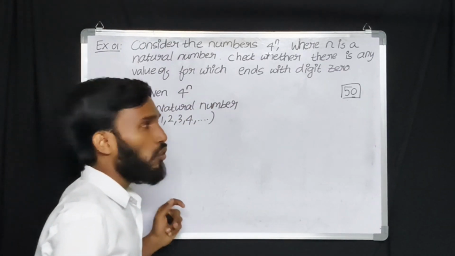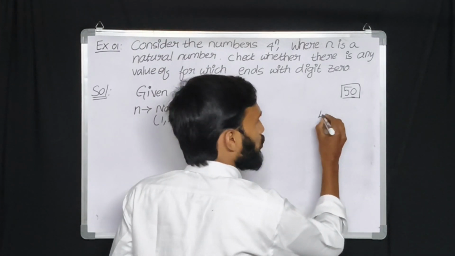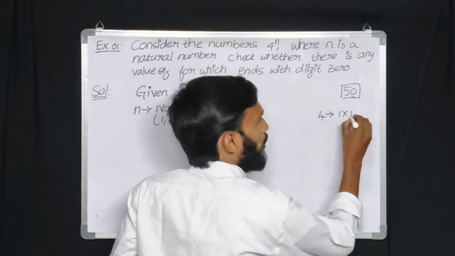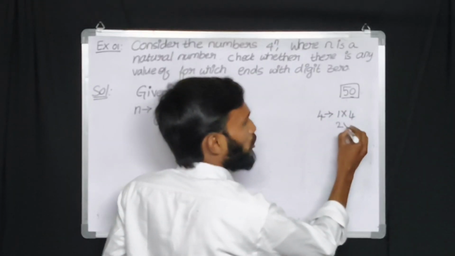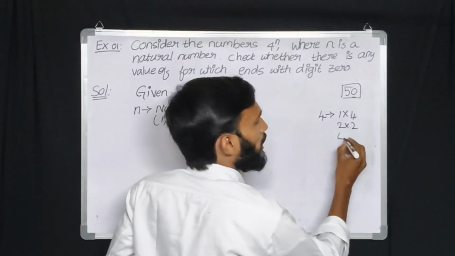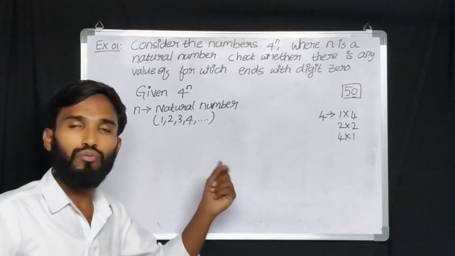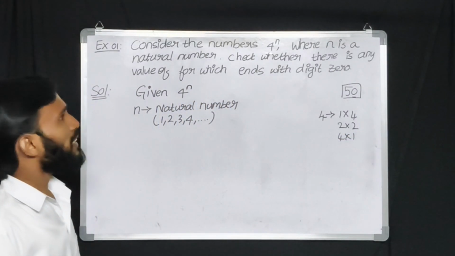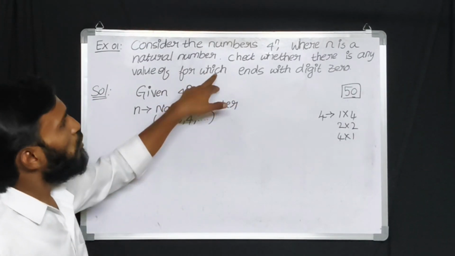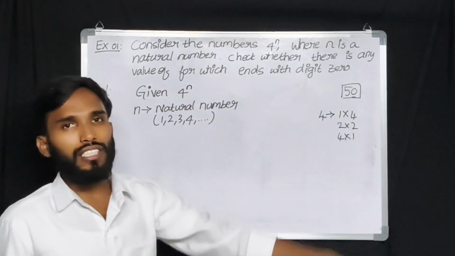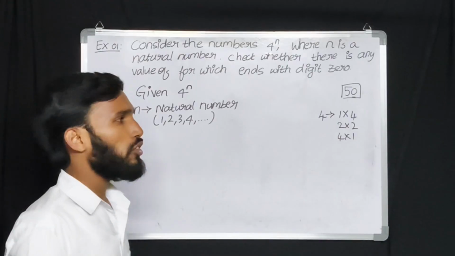That means no. Why? Because what are the factors of 4? We know that 1 4 is 4 and 2 2s are 4. These are the factors of 4. Now what they are asking is, is there any value for which it ends with digit 0? No, absolutely no. Why?